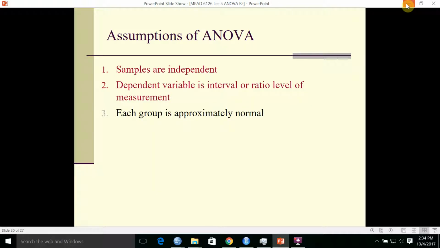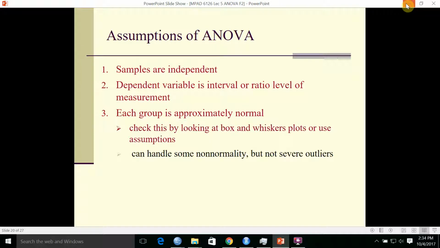Each group would have to be approximately normally distributed. You can check this by looking at box and whisker plots, or use some assumptions here. The ANOVA can handle some non-normality, but not severe outliers.